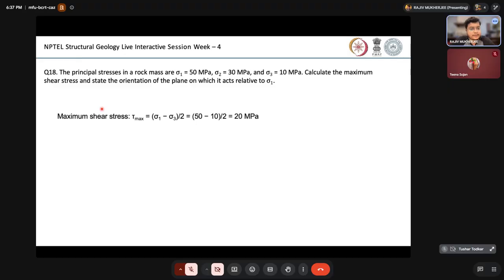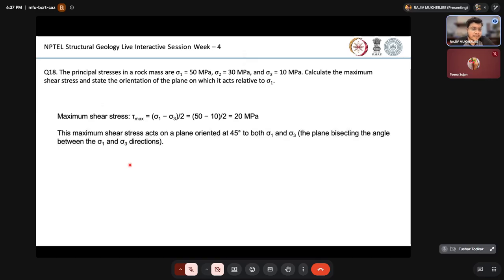So of course the maximum shear stress will be where theta is 45 degrees and 2 theta is 90 degrees, and sine 90 degrees is 1. So we eliminate that part, it becomes 1. And so simply it is sigma 1 minus sigma 3 divided by 2, which is 20 megapascal.